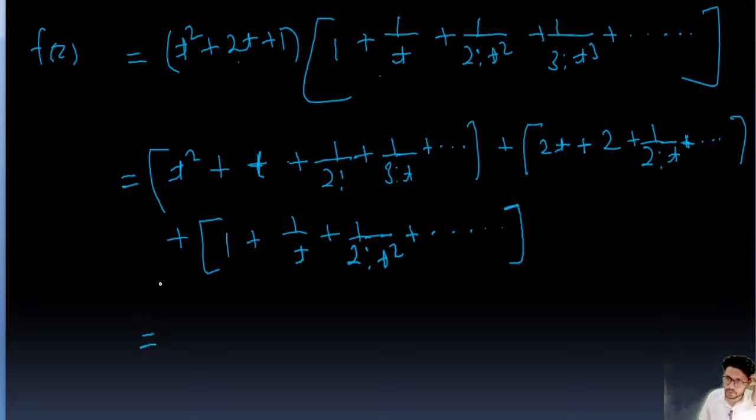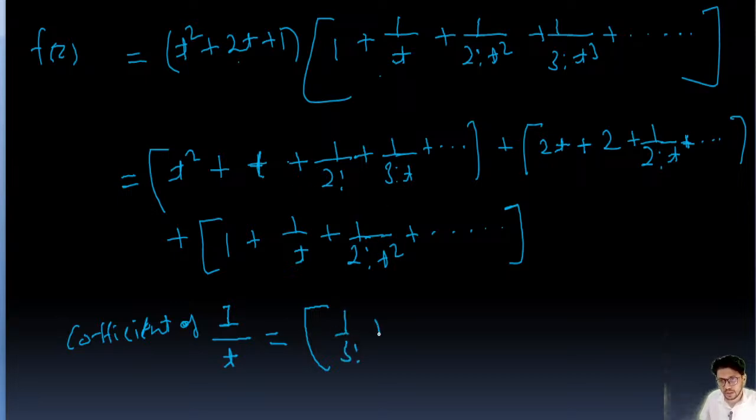Okay, so now from here, the coefficient of 1 upon t is going to be this one, guys. In this expression, the coefficient of 1 upon t is 1 upon 3 factorial plus 1 upon 2 factorial plus 1.